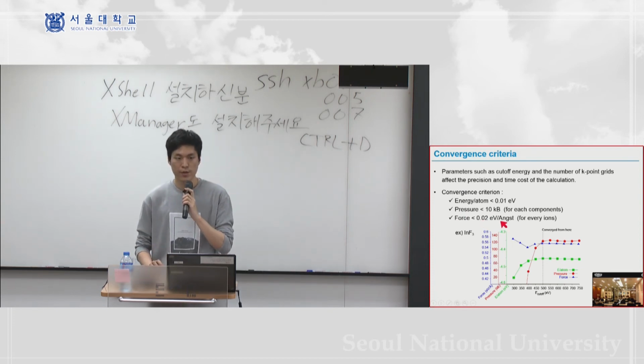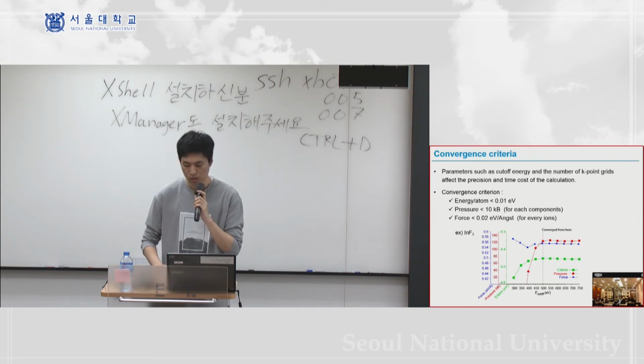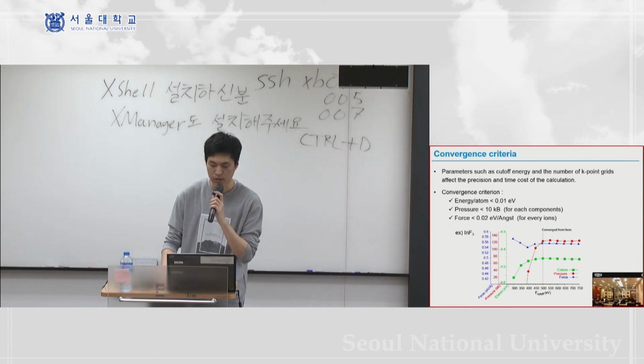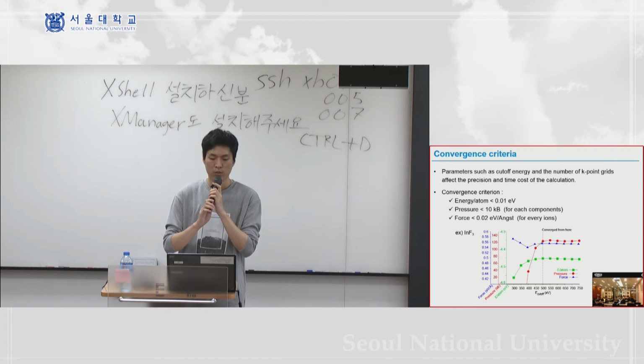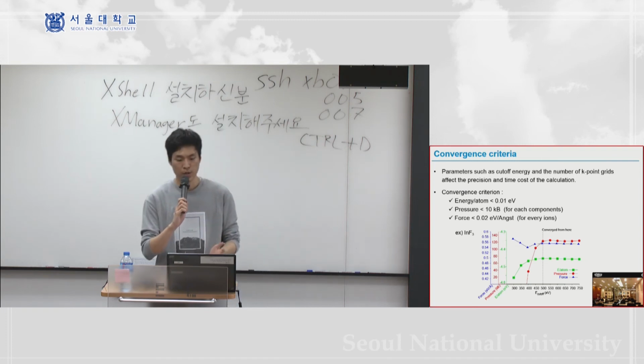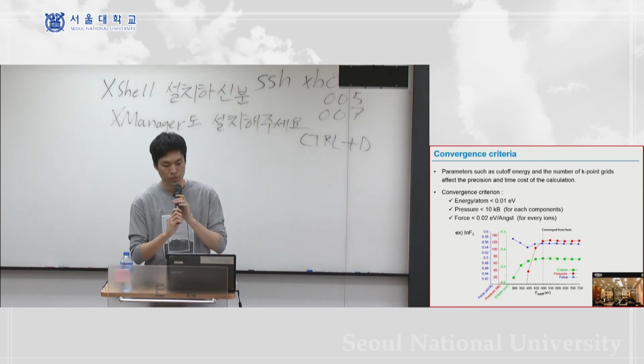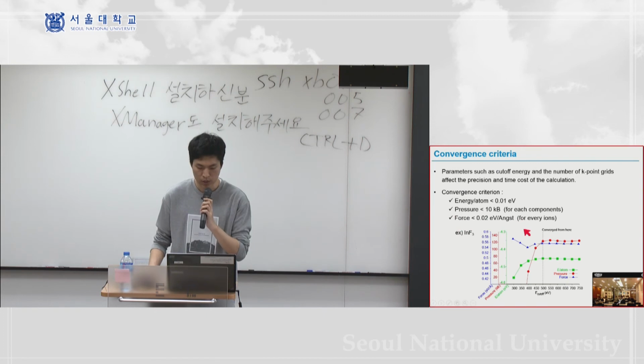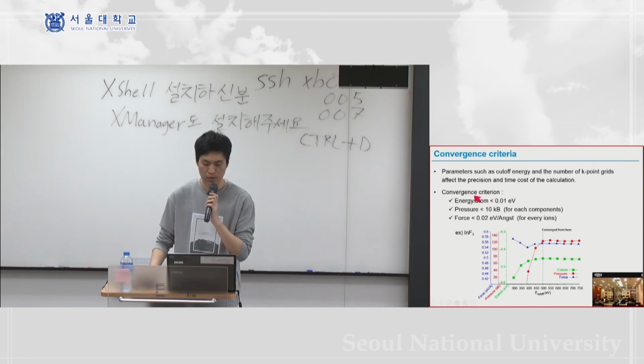But this criterion can be changed depending on which property you are calculating. So if you are calculating, for example, phonons, you need to be very accurate on force. So you can use a much stricter criterion on this force. But in general, this criterion is fine.